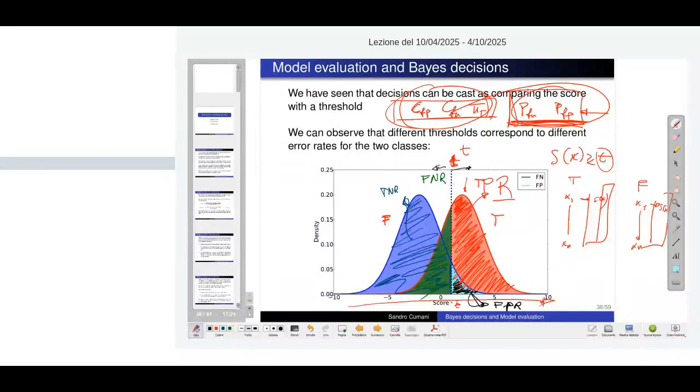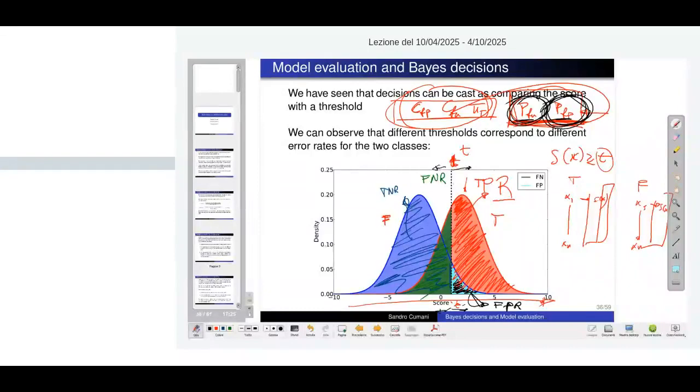We can move the threshold and change the weight of the two contributions to the cost of errors. Now, in my formula these two contributions are weighted by different weights, because the empirical Bayes risk weights each error rate by the corresponding cost and the corresponding class probability. Changing the threshold, I can change these two contributions. These two costs do not have the same weight, so changing the threshold will not change them in a linear way.